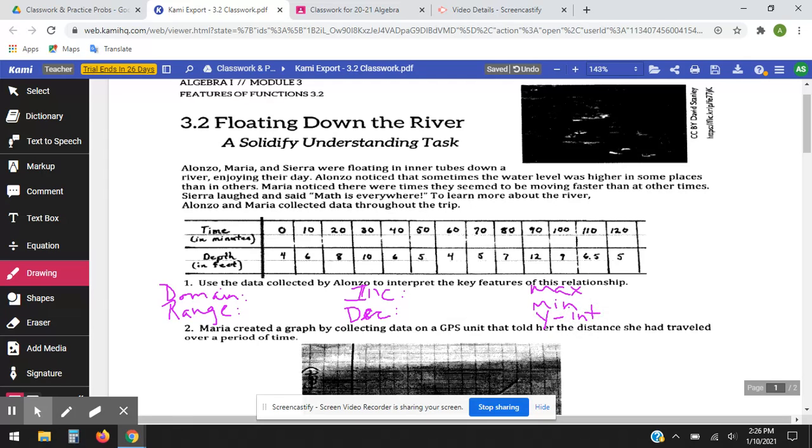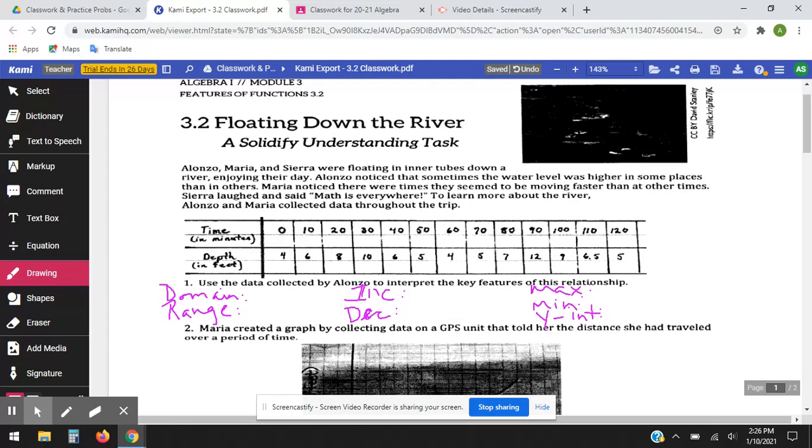I don't believe we have an x-intercept on this one. Yep, there's no point in here where x equals 0 or y equals 0. So these are the features of the functions that we are going to look for.